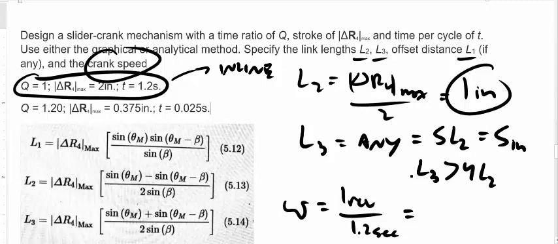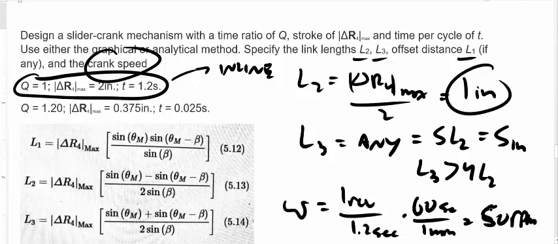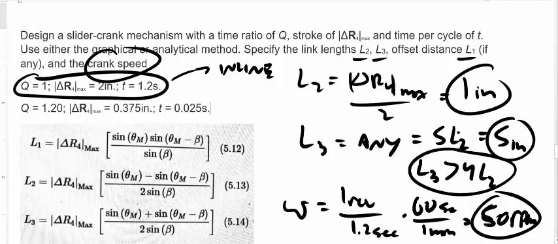If you go ahead and convert this by multiplying by 60 seconds in 1 minute, then we can get 50 RPM. So there's your final answer there. We can find L2, we find L3, even though it just fits a criteria, and we already know that L1 for the first part is 0.